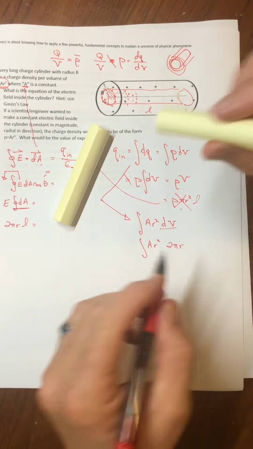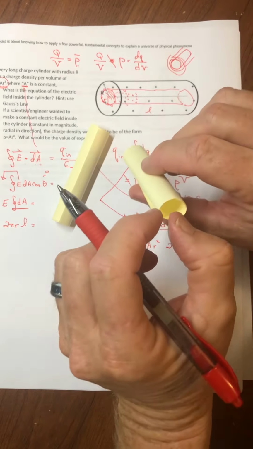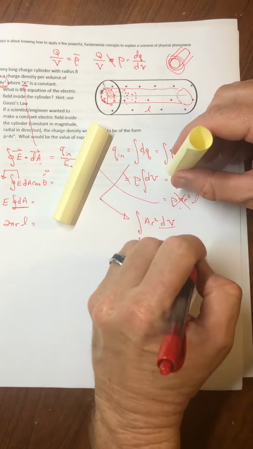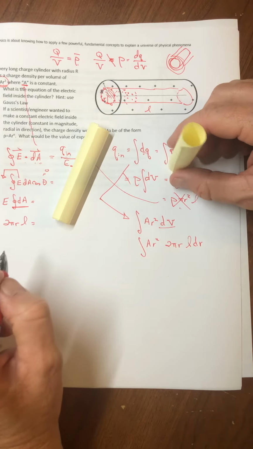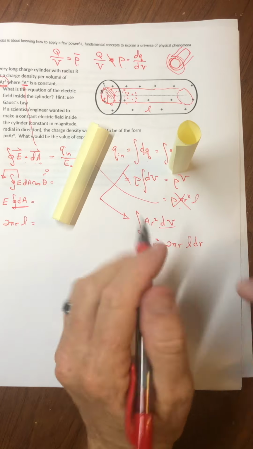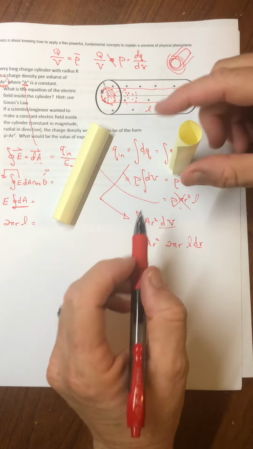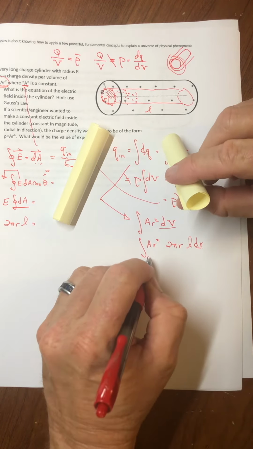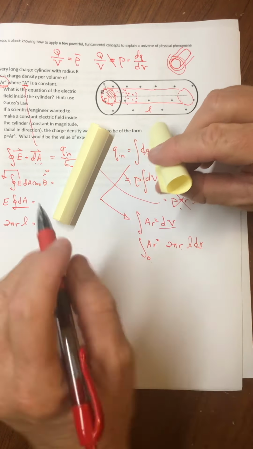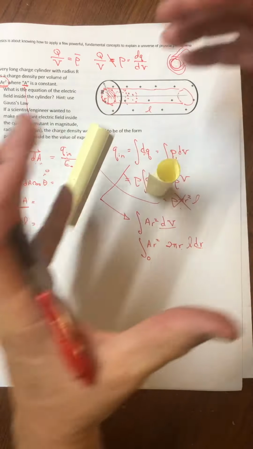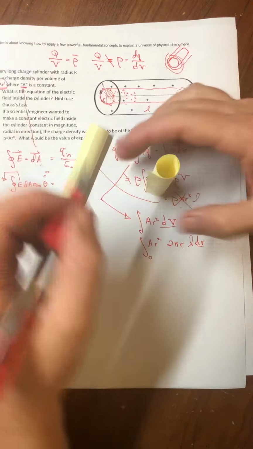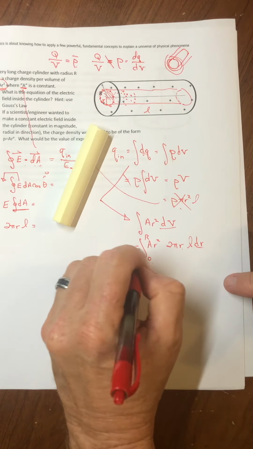And the thickness of it, as I add these up moving out, would be like a dr. I'm just going to do the addition by imagining starting at the first one with a radius really, really small, 0, and adding them up until they get bigger and bigger, and eventually get to capital R.